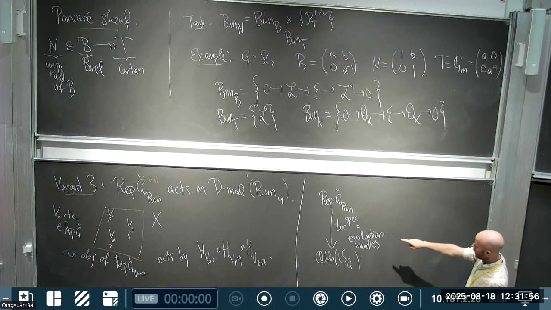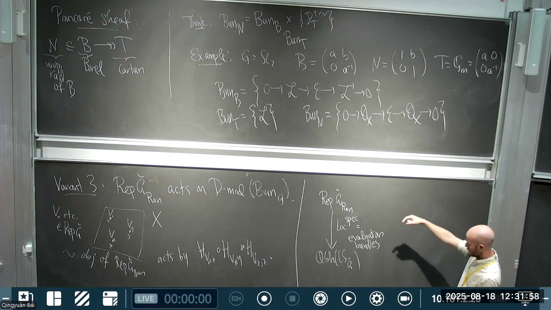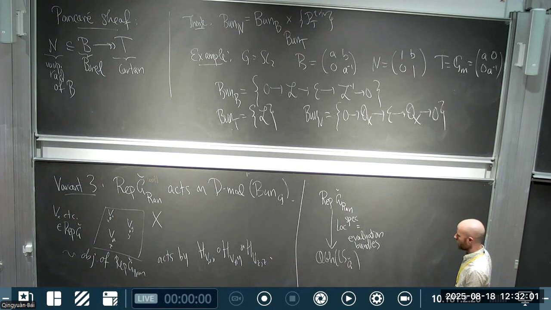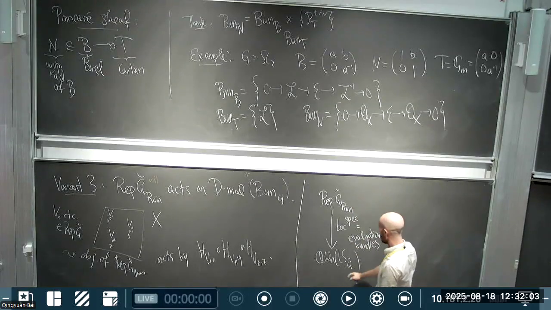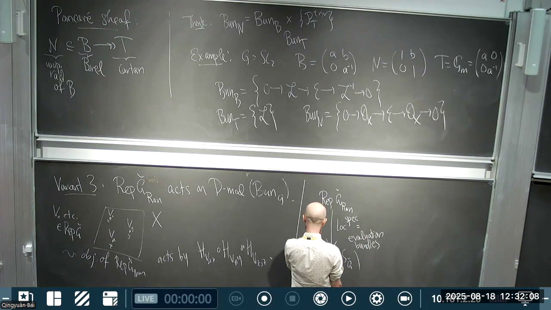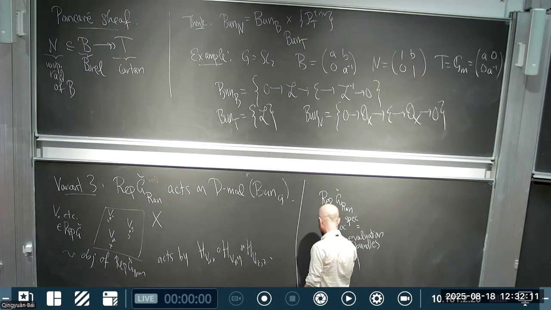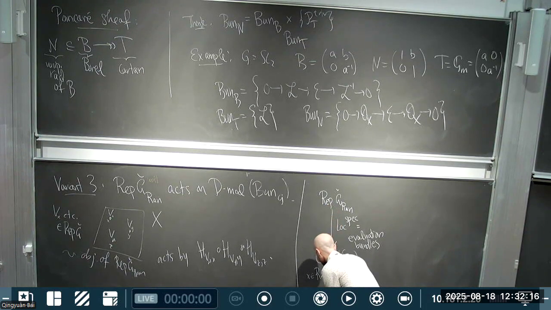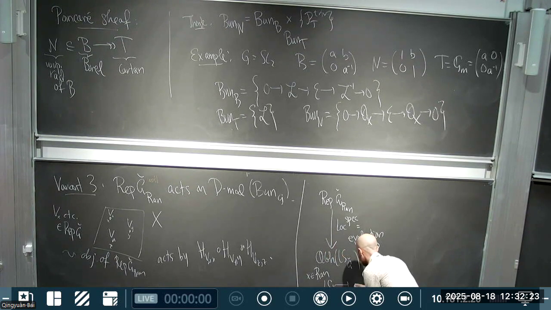Okay, so there's the functor, which is what Dima was calling the construction of evaluation bundles from Rep G check run into this quasi-coherent Loc Sys G check, and I'll call this spectral localization. Roughly speaking, the idea is that if you have a point in a Ran space, this is going to give rise to a map from Loc Sys G check to, I forget what Dima called it, BG check Ran.